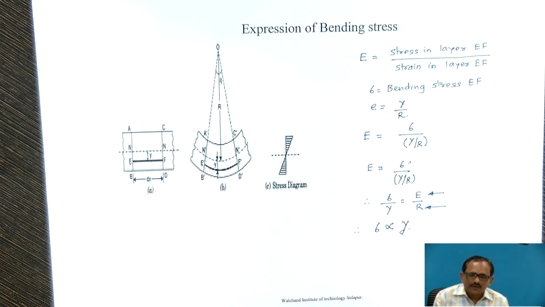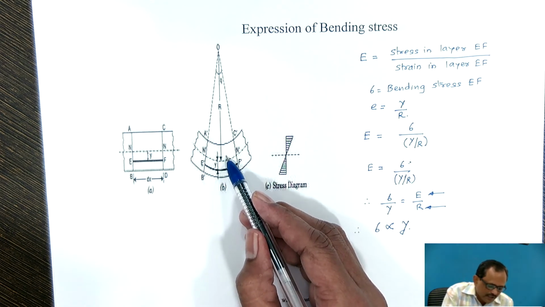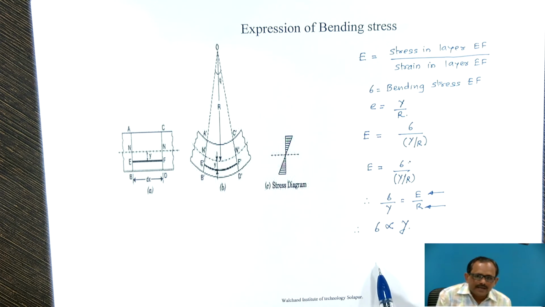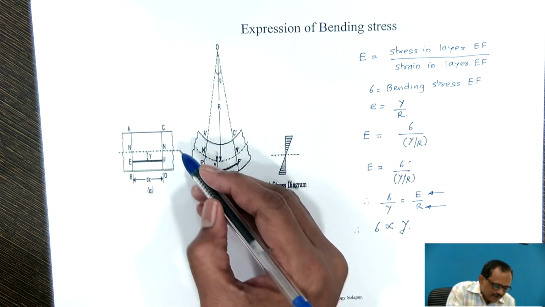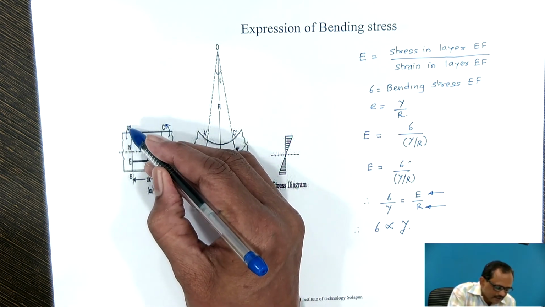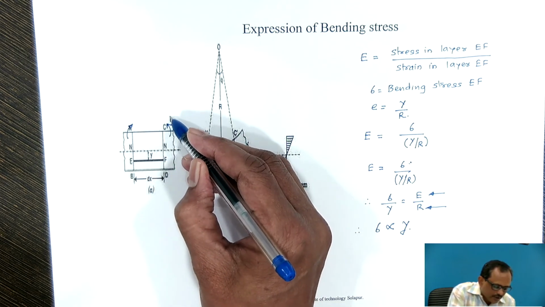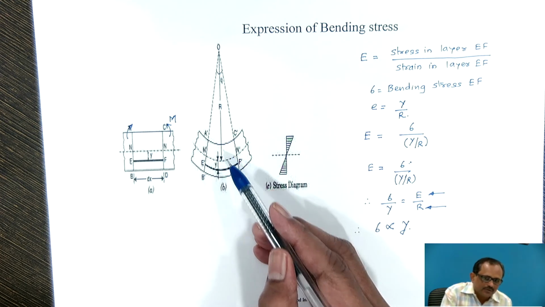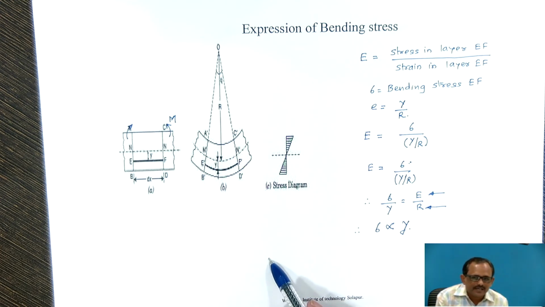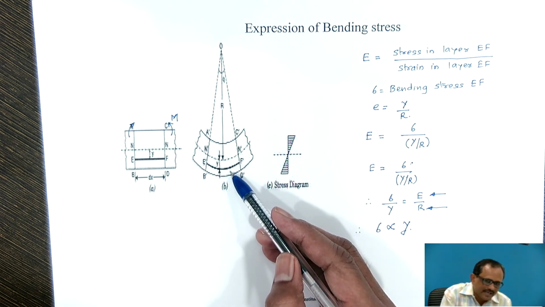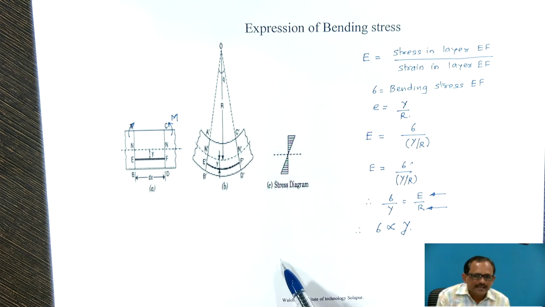That means, as the distance of the layer from the neutral axis increases, the bending stress will also increase. If the section of the beam is subjected to a pure bending moment of sagging type, then the layers above the neutral axis are subjected to compressive stresses, and the layers below the neutral axis are subjected to tensile stresses.